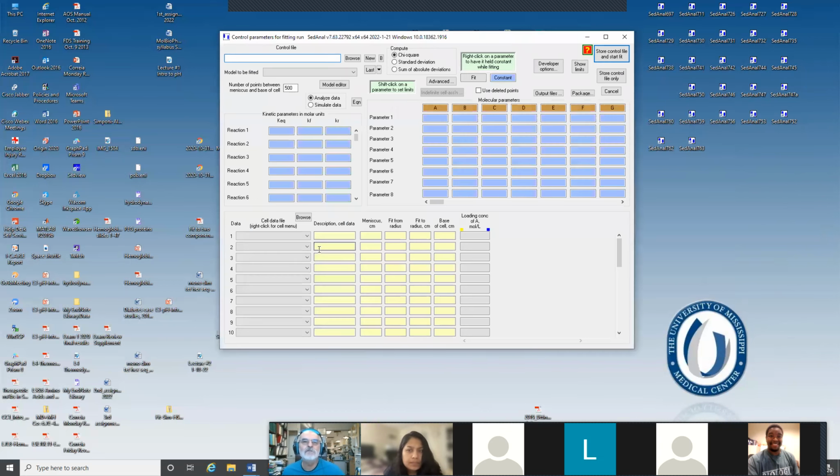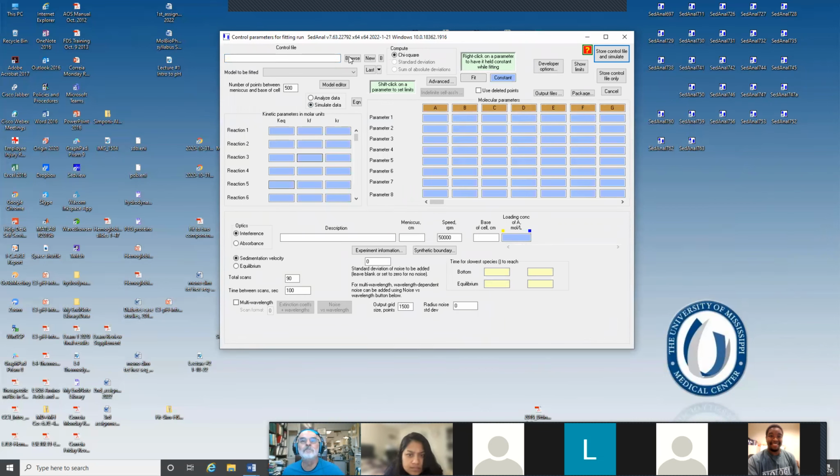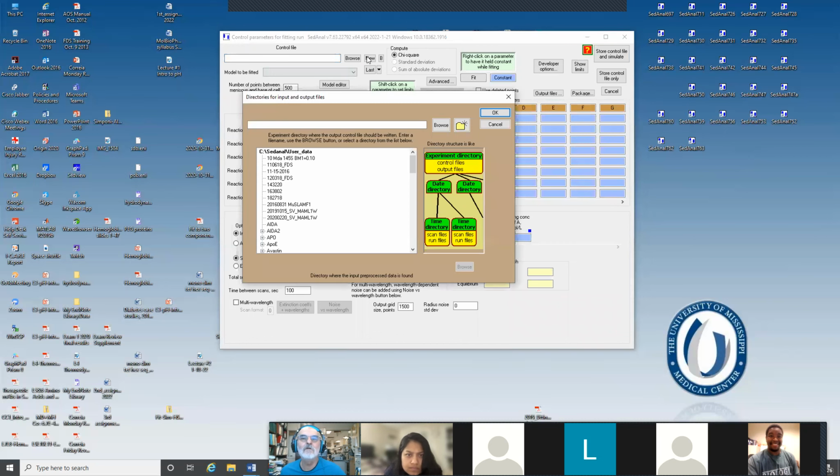So this is a module that I can use for analyzing or simulating data. So I'm going to simulate data. I'm going to create a new directory, and I'm going to call this directory 2022.